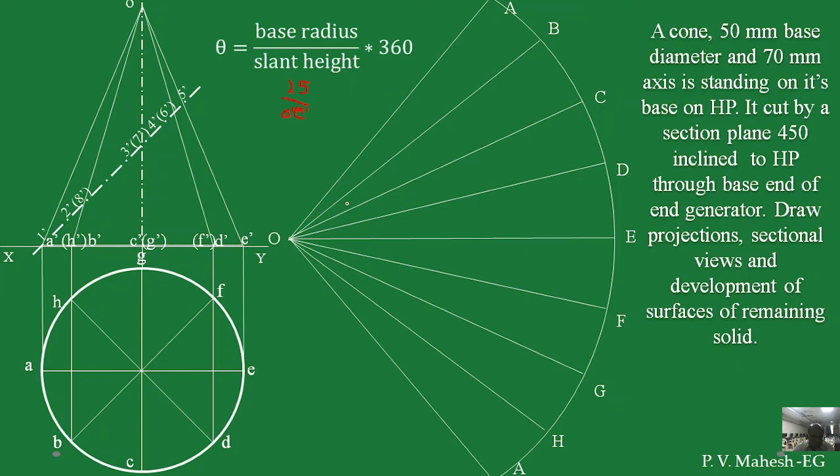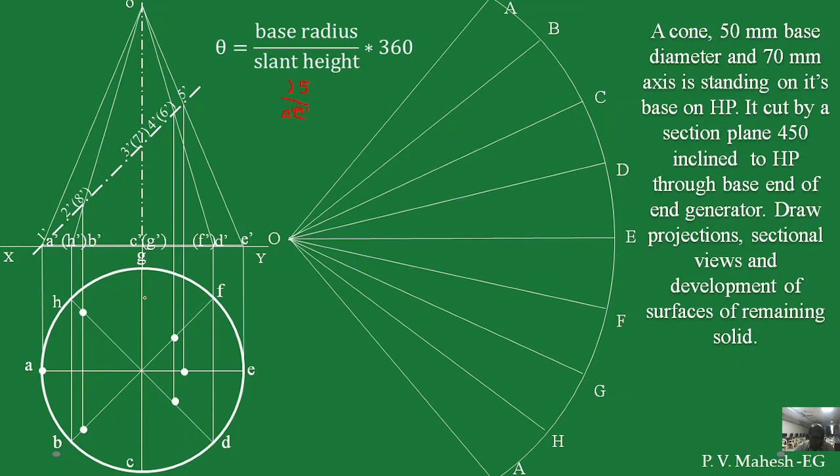Now what I have to do? I have to draw the projections of these points on the top view and identify the points in the top view. These points I will get without any difficulty because they are on these lines. So this is 2, this is 8, this is 2, this is 1, this is 6, this is 4, this is 5. But I need to know where points 3 and 7 are.